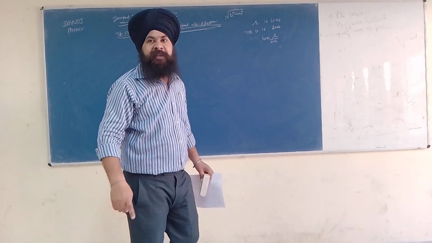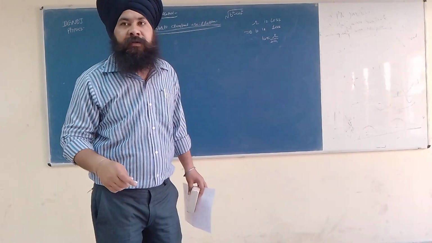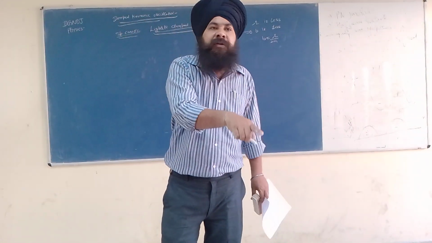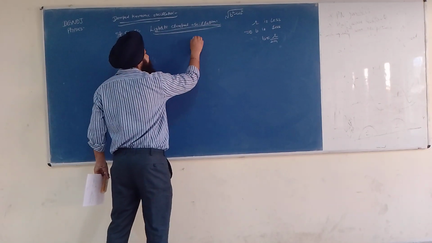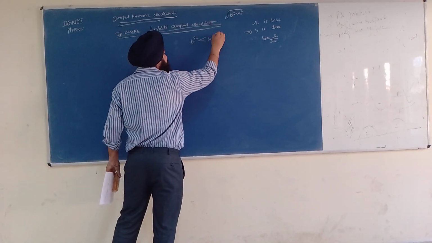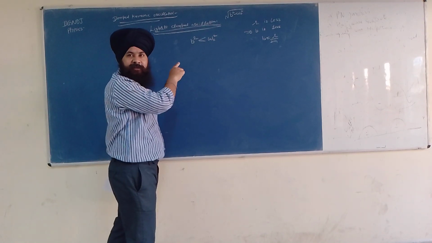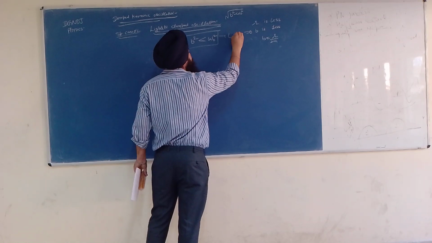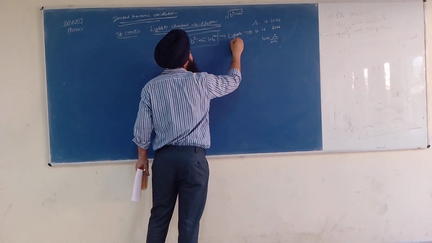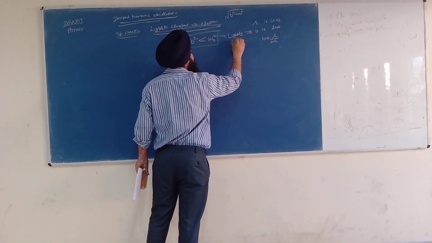Yes, omega naught square must be greater than B square, or we can say B square must be less than omega naught square. Well done. This is for the lightly damped.